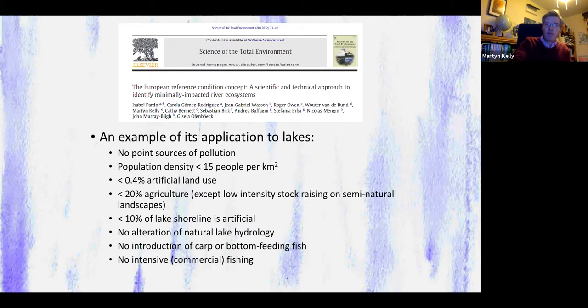So this is an example of its application to lakes: no point sources of pollution, low population density, low proportion of agriculture. You might well see with a threshold of 20% agriculture what we mean by those discussions about what very minor might mean, and no introduction of fish or commercial fishing. Similar principles were adopted for other situations, sometimes, as I said, supplemented by chemical thresholds.